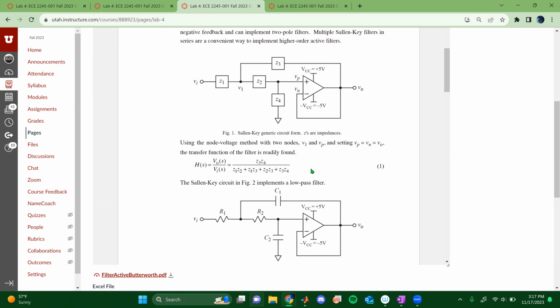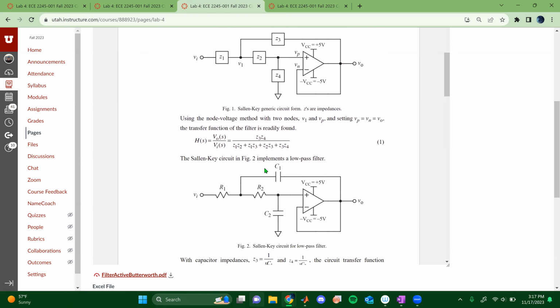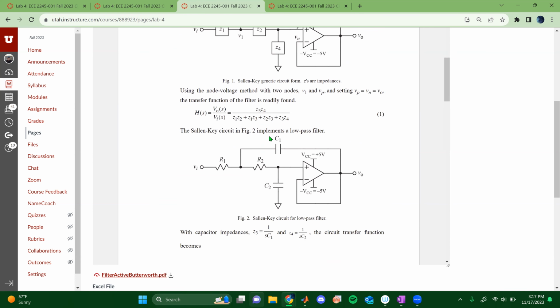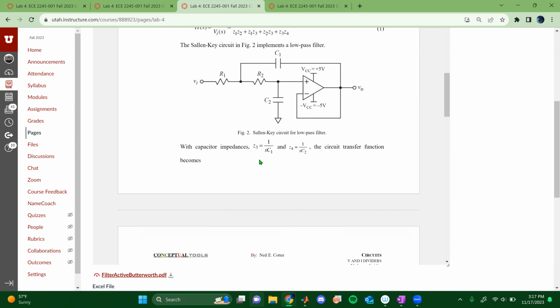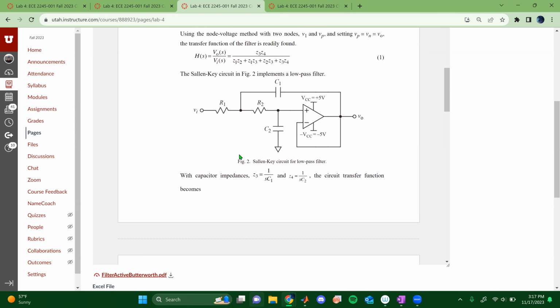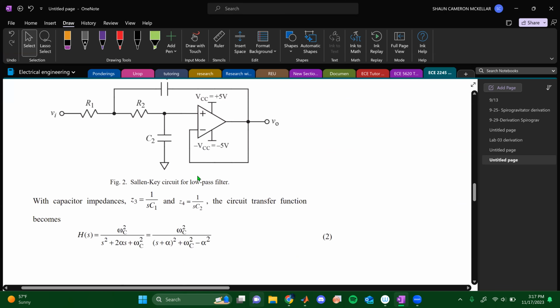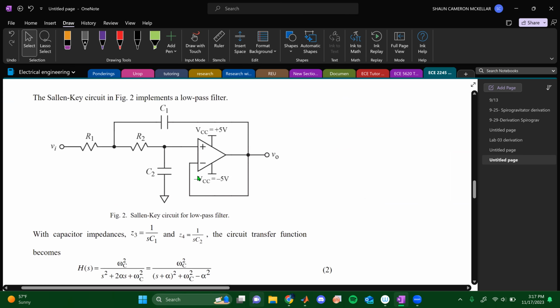Okay, so there's the transfer function of our filter. And it says that the Sallen Key in figure 2 implements a low pass filter. So this is our new circuit for our Sallen Key filter. Moving back here so I can continue to write.